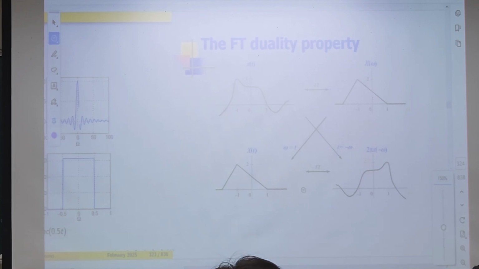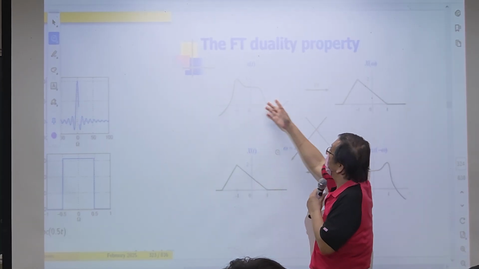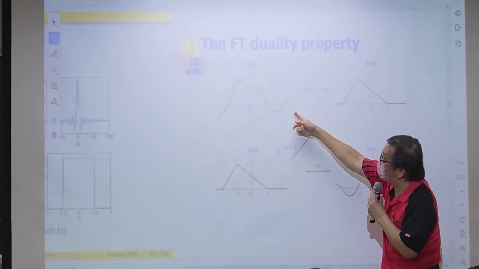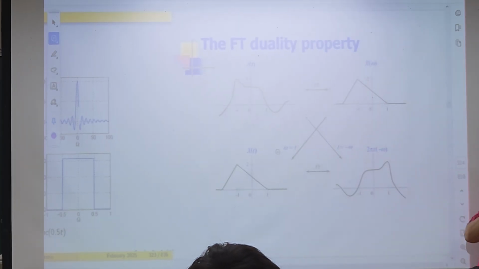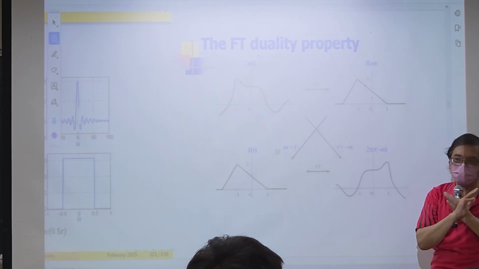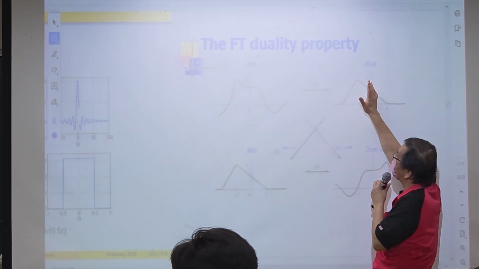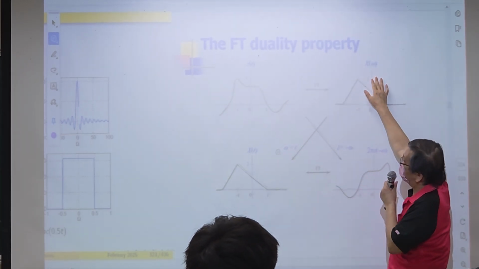All right, so the duality property, we can use this figure to illustrate. This property is given by this interesting figure here. Suppose I have a function, let me call it x of t. And the Fourier transform of the function is given by this x of omega, supposedly. Please do not argue with me. Well, this is not real, the Fourier transform of this one. Let's assume it is. So let's assume this is the Fourier transform of this function x of t. So this is x of omega.